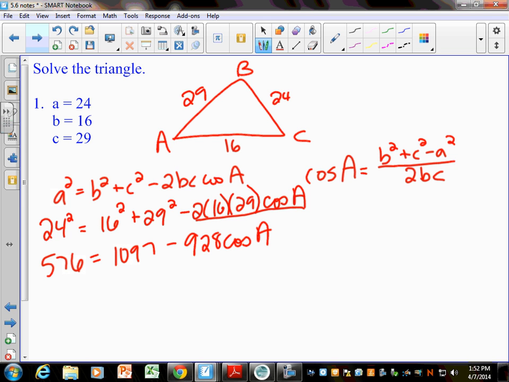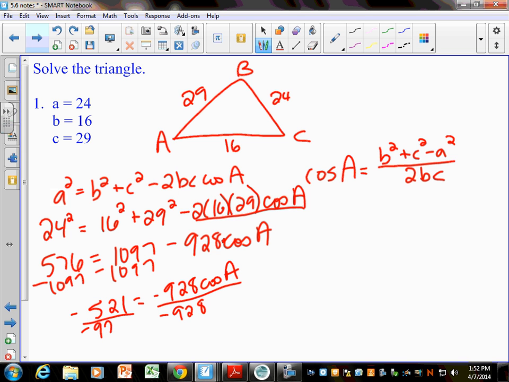Every year I have multiple people that do it this way because they don't know this formula. I give them a test, and they take 1097 minus 928 on their calculator, and they get the wrong answer because they don't pay attention that this is stuck with cosine. You can't do that. You have to subtract 1097 over, and you get negative 521, and that's multiplied, so you have to divide it over.